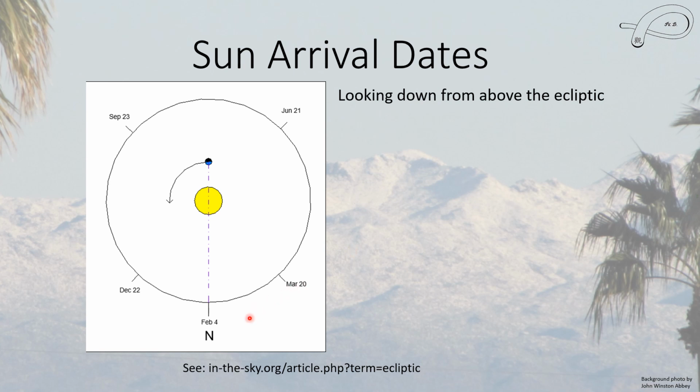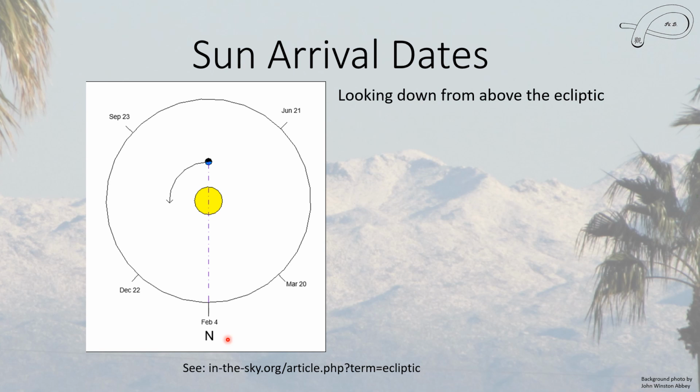Now, the Chinese have simply decided that we're going to start the year with February 4th, and it seems to be in good conjunction with this being in the north sector of the 24 dragons.